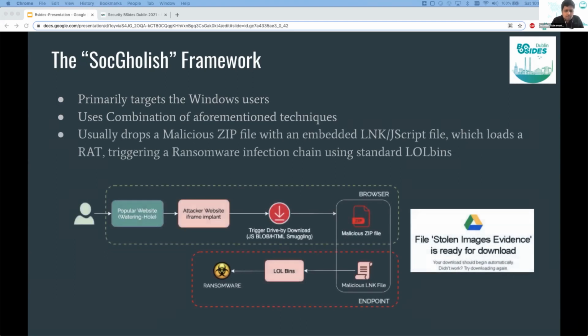Usually, this framework is used to drop ransomware or remote access trojans that end up triggering the ransomware infection chain using standard living-off-the-land binaries. And the downloaded file is usually a zip file that contains an embedded LNK file or a Windows script file.